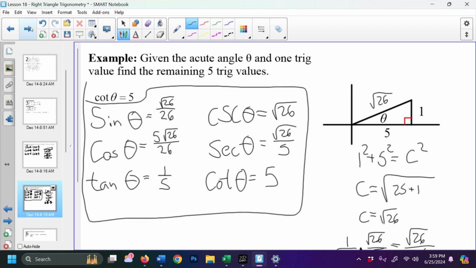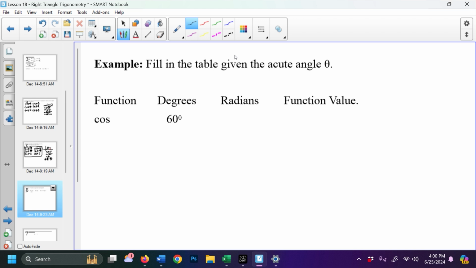All right, next, fill in the table given the acute angle theta. So I have the cosine function and it's 60 degrees. So they want me to find the radians value and the function value. So 60 degrees converts to radians.